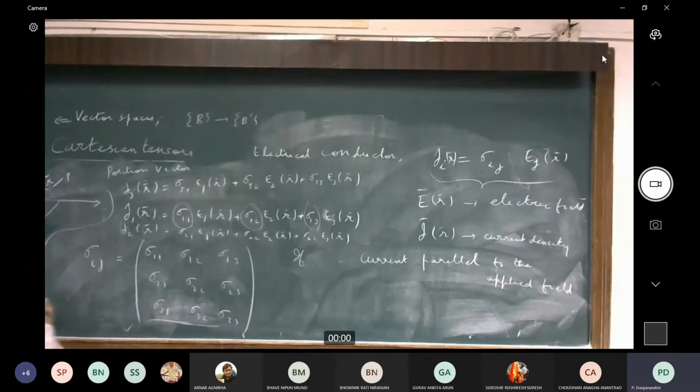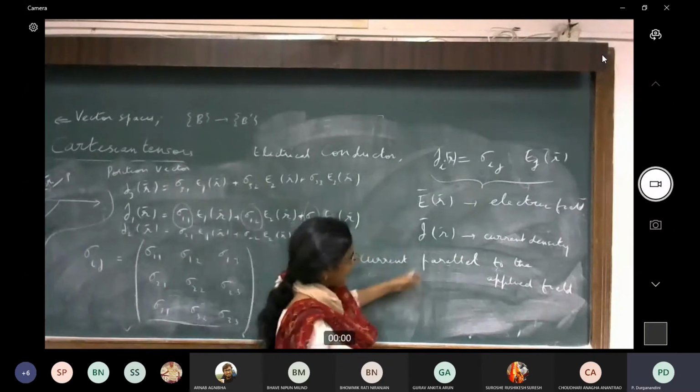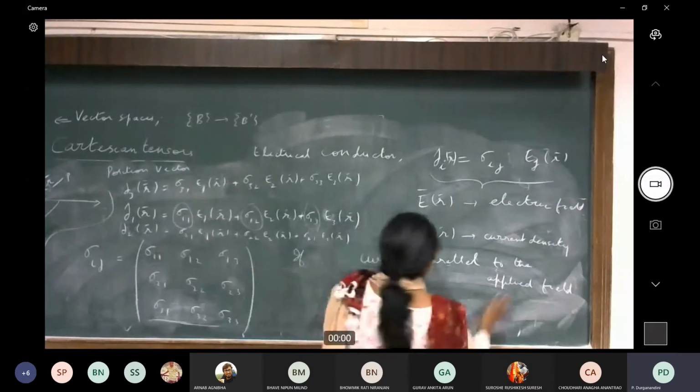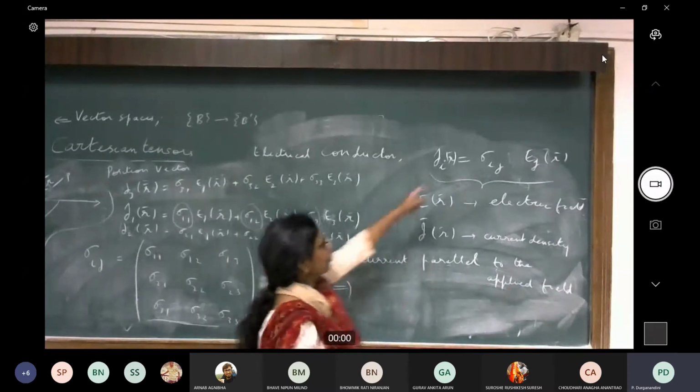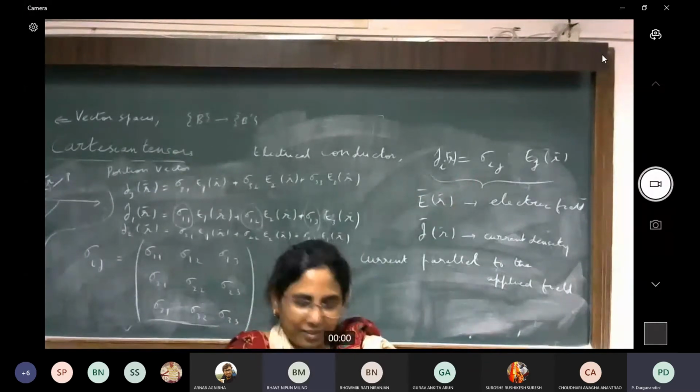Okay. And that therefore isotropic conductor means that your current must be parallel to the applied field. And it's independent of which direction you are putting the applied field. So in that case, what should be the form of my sigma ij? Diagonal.